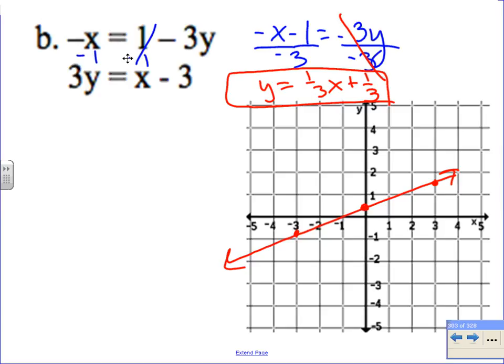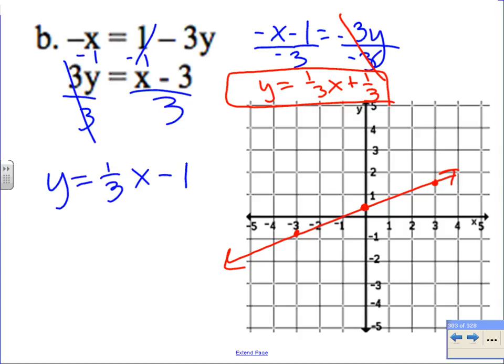Okay, let's put the second one into y equals form. All we need to do on the second one is divide everything by 3. So we have y equals 1/3 x minus 1. Before I graph this, what's going to happen? Abigail? Good. How do you know that? Good job. They had the same slope, so you know they are definitely going to be parallel lines.